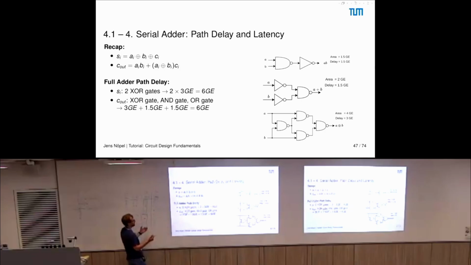So let's think of how it could be implemented in hardware. Maybe I draw it here. You have your AI, BI. First thing you do is the AND, right? Then you have your AI and BI, and you do the XOR with that, first thing. Then the result of your XOR is ANDed with CI.